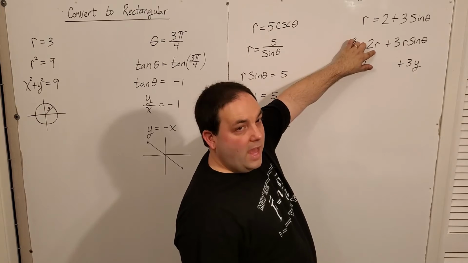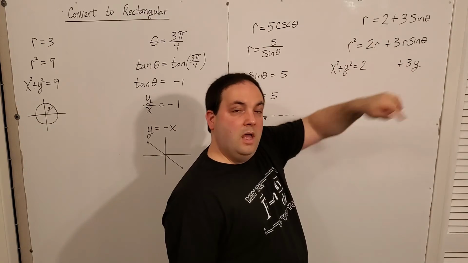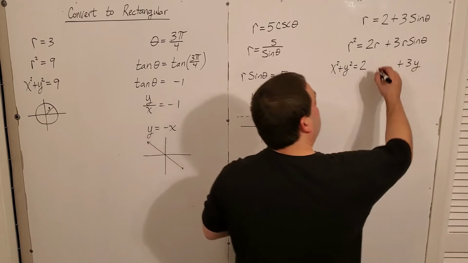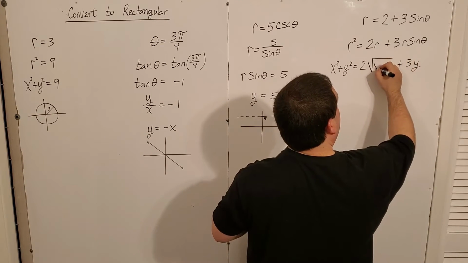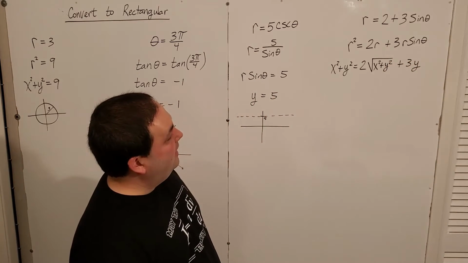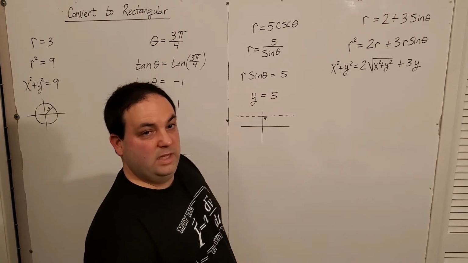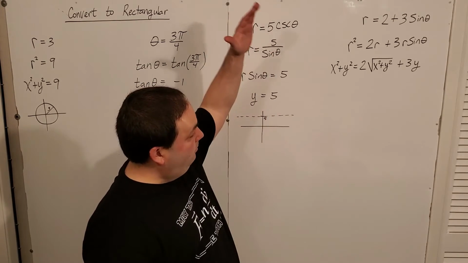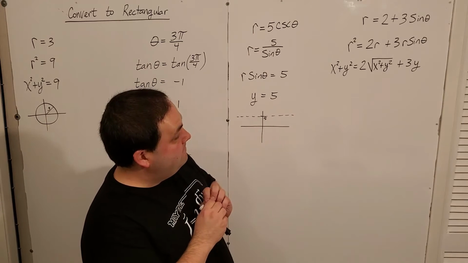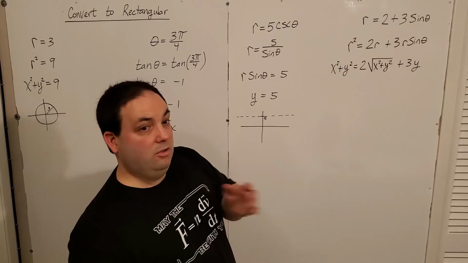So r without the squared is still the x squared plus y squared, but I then have to take the square root of it. And that doesn't look like anything that I'll be able to solve anytime soon for x or y. It's a messy, messy thing. I'm just going to stop there and say, yeah, this shape doesn't work well for rectangular coordinates.